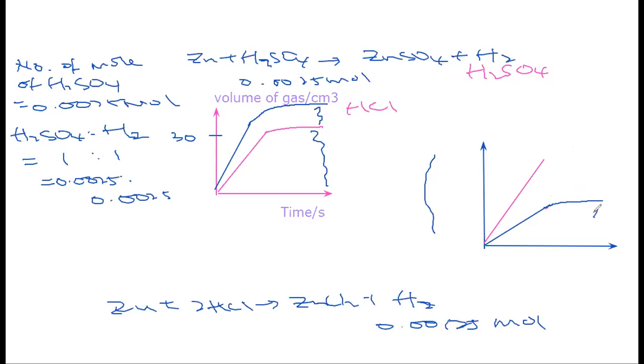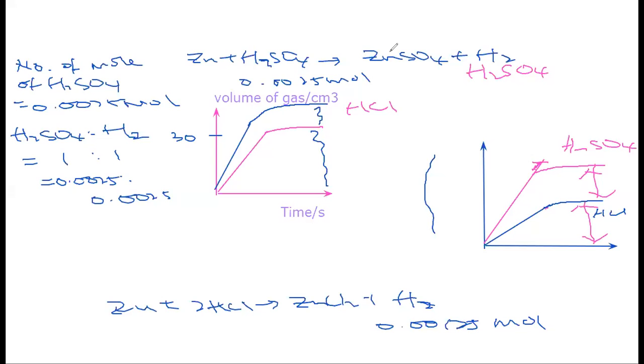The blue one is using the HCl. This part, you erase. Okay, now, can you see the distance from here to here and from here to here is almost the same? Therefore, this is your answer.